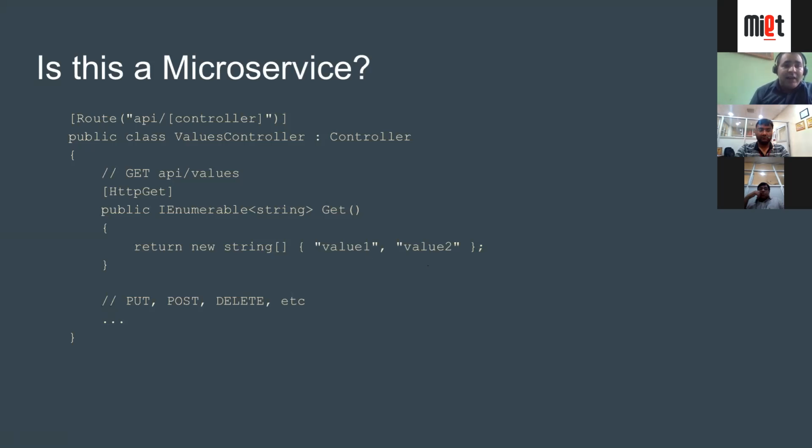In that case, I will make another service which will give me value 1 and value 2, and that service may be a Windows service, or a microservice, or a web API service, any kind of service. It will give me the data, and after getting the data, I will expose it by this endpoint, the get endpoint.